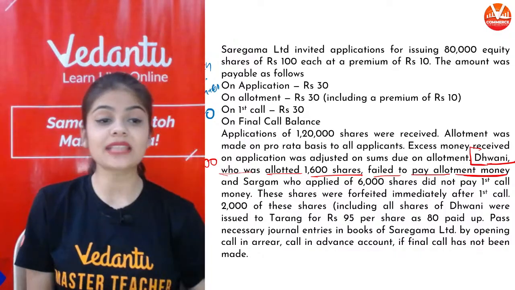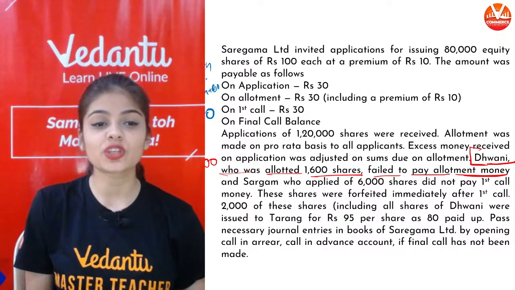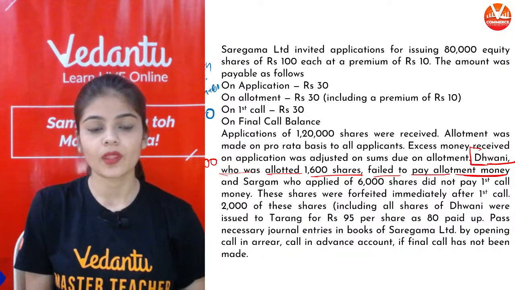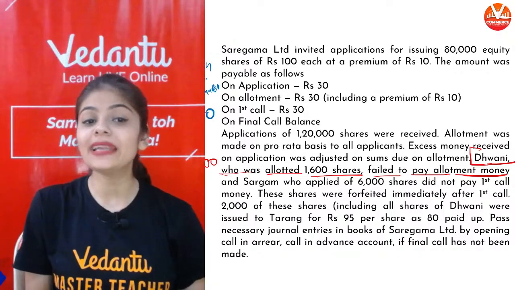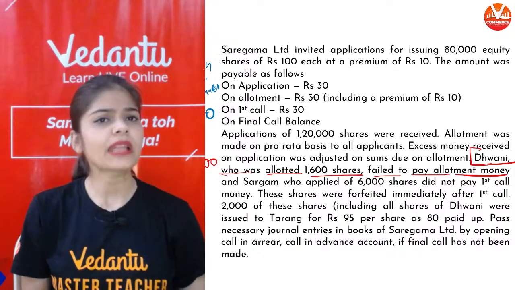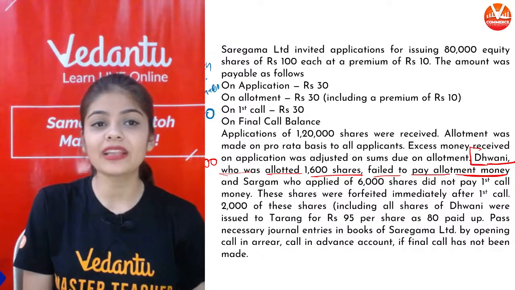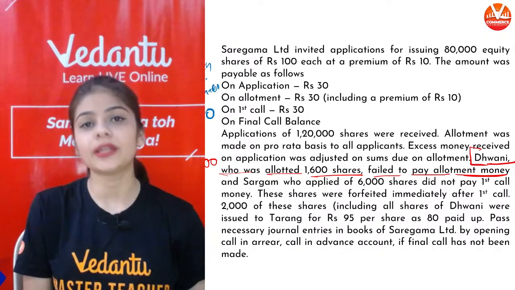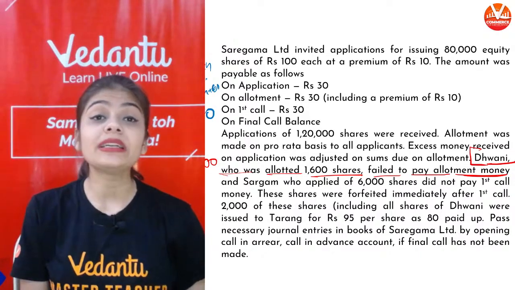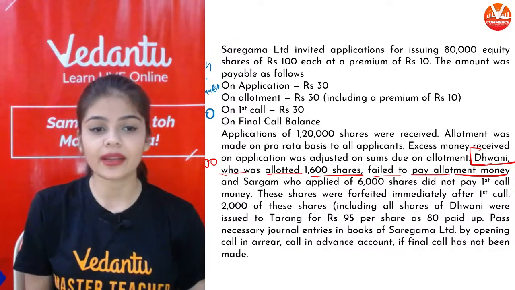The third step is to find out the excess application money received. How will we find it out? You will find out the difference between applied and allotted, which is 800.